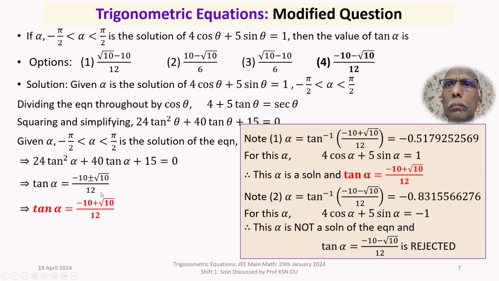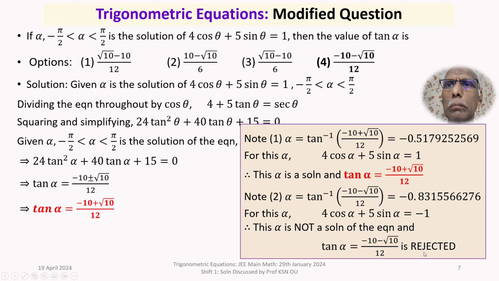So what is this? Tan alpha is equal to minus 10 minus root 10 by 12. That's also a solution of the squared equation. Such a solution is called an extraneous solution. So this is option 4. What we have found only appears to be a solution, but it is not a solution.